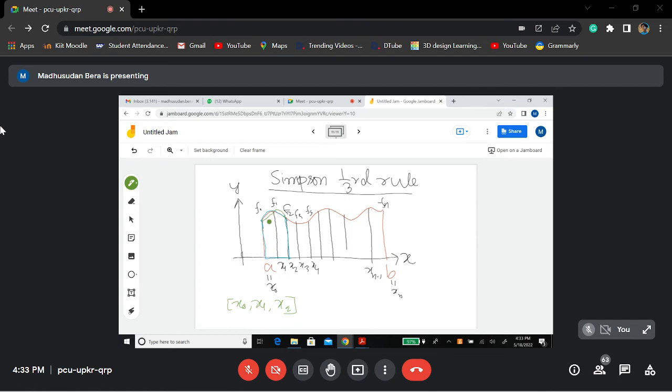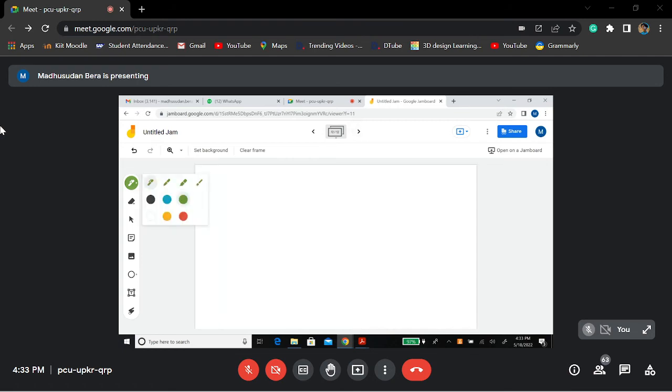So x0 to x2, if you do the integration, the integral of f(x) dx from x0 to x2 will be h by 3 times: the functional value at the first point, 4 times the functional value at the middle point, plus f2. That is, f0 plus 4 f1 plus f2.